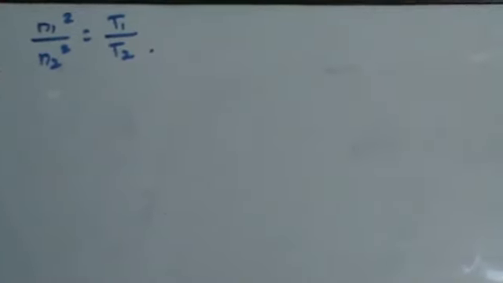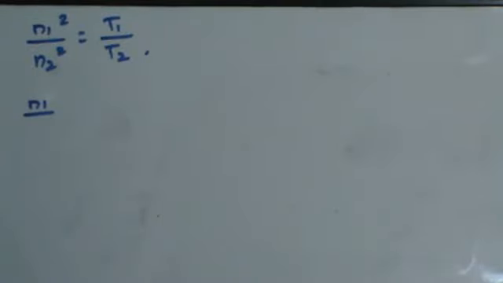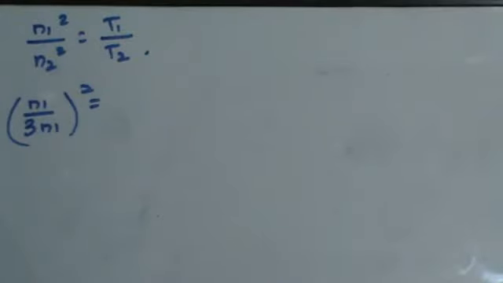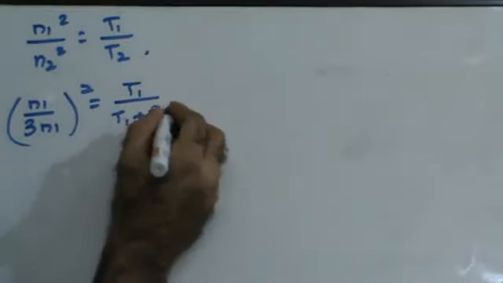N1 can be as it is, N2 can be written as 3 times N1, the whole square is T1 as it is. T2 can be written as T1 plus 24.